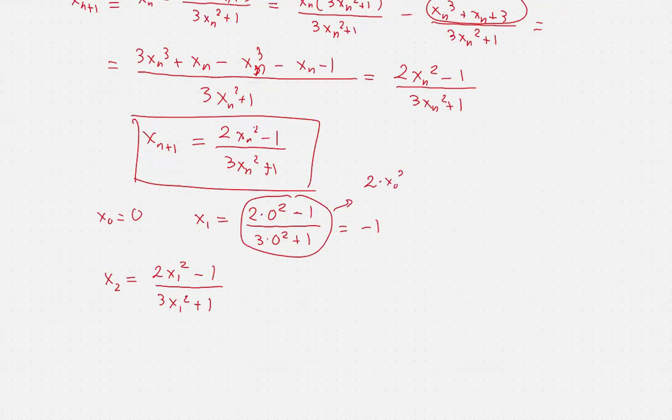So I'm just following this formula right here. Now that I know x1 is negative 1, I will get 2 times negative 1 squared minus 1 over 3 times negative 1 squared plus 1. So this will be 2 minus 1 on the top and 4 at the bottom, which is 1/4. And that's our next guess.